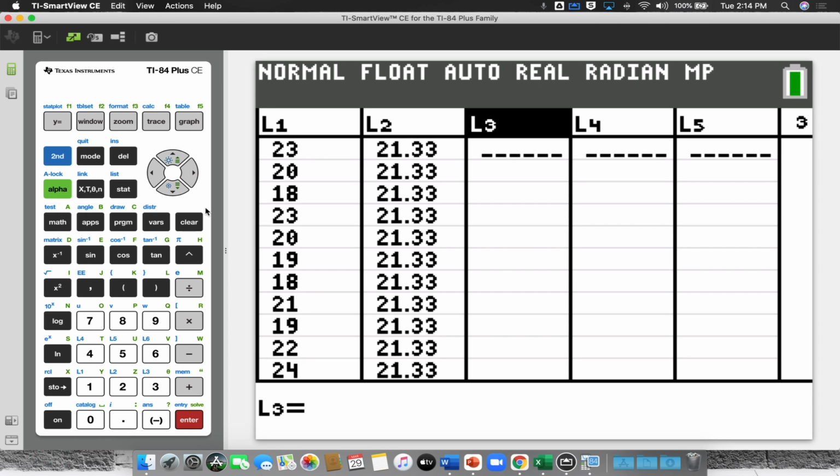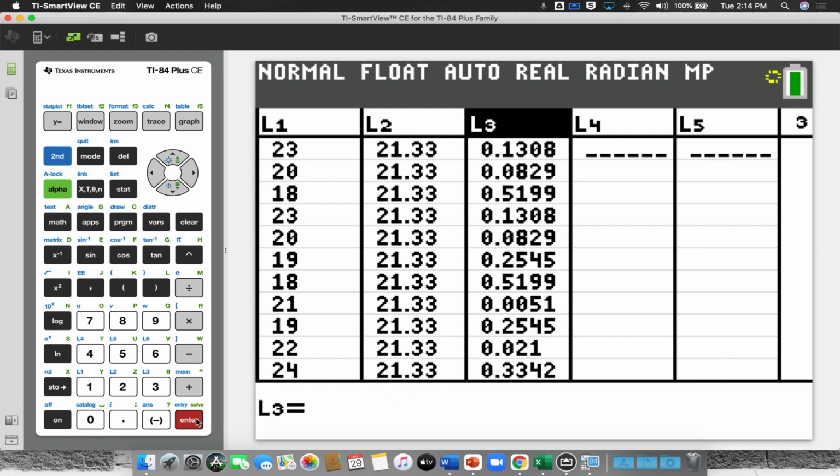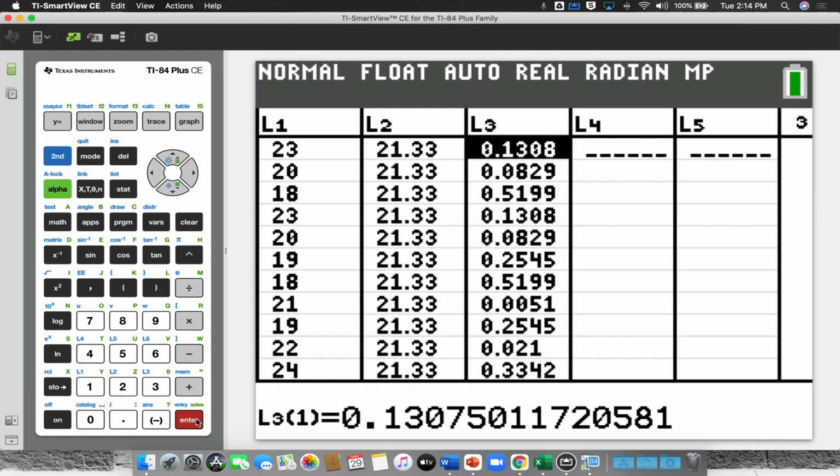I'm using my lists. Parentheses, L1, that's observed, minus expected, L2, squared, divided by L2. Hit enter, and there's your chi-squares.